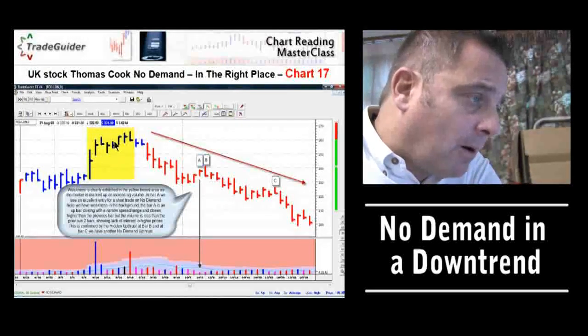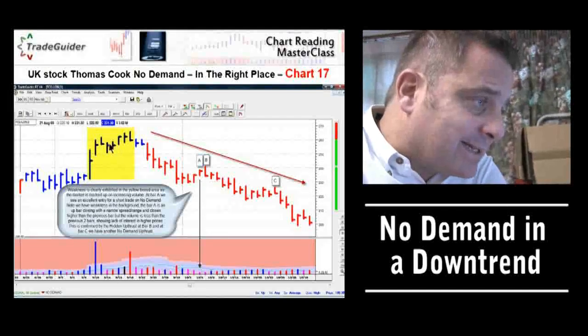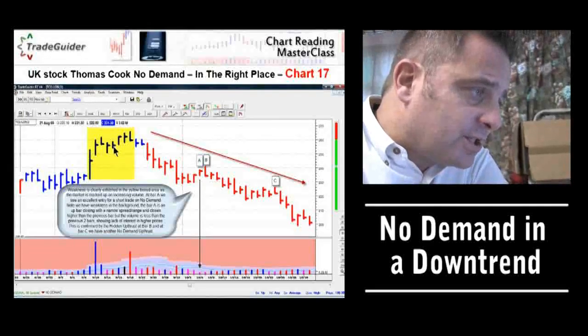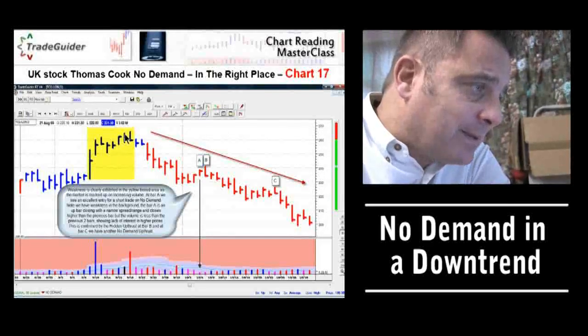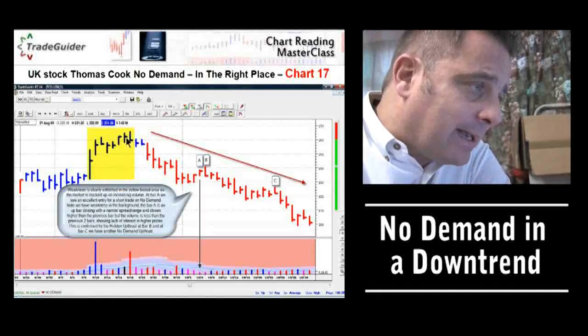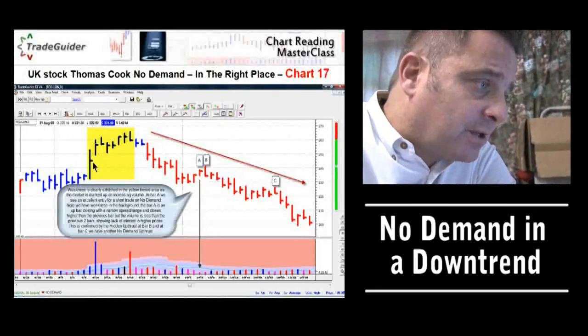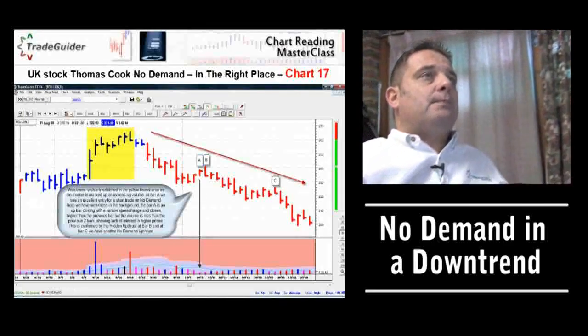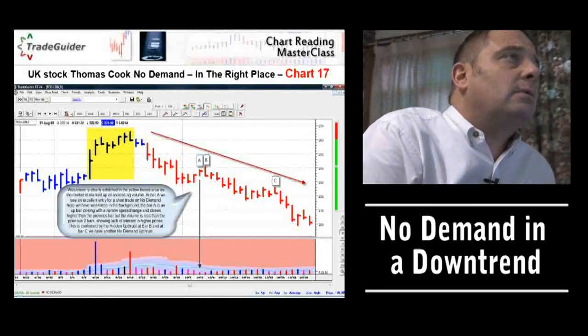Apart from that bar, which you might look at as a test, but I have to say, even then, with this in the background, I could not see that as a test bar. And in fact, as we go up, we get a narrow spread on this bar here. The next bar closes down, and that just confirms the selling in there. So that is why that wouldn't be absorption. I hope that is clear, Robert.